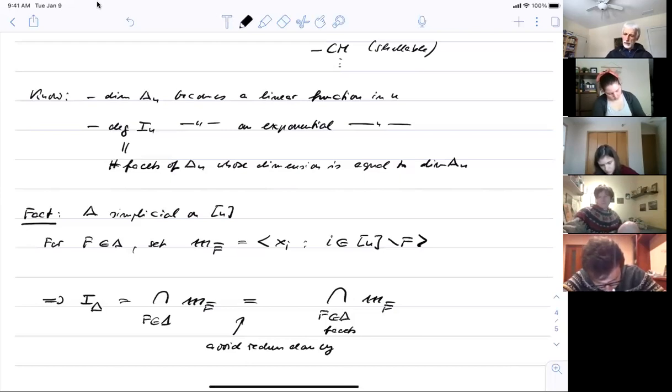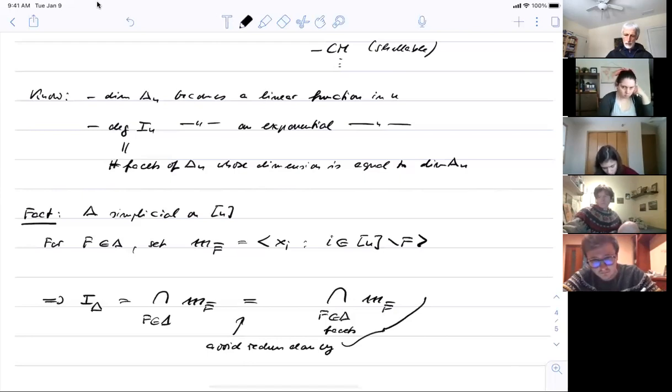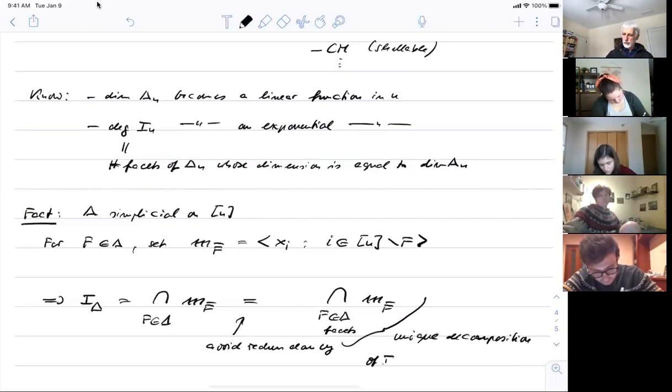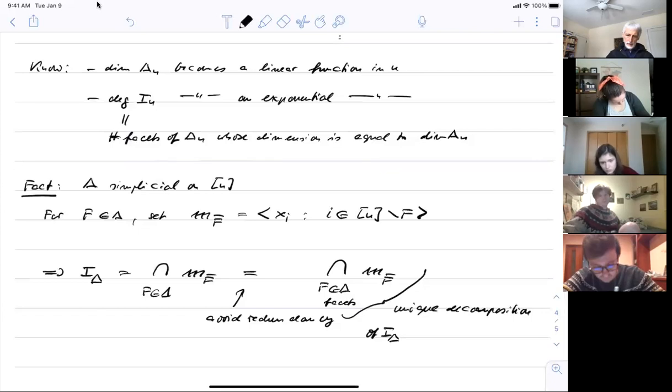And that becomes unique. So this is a unique decomposition of the Stanley-Reisner ideal of delta as an intersection of ideals generated by variables.